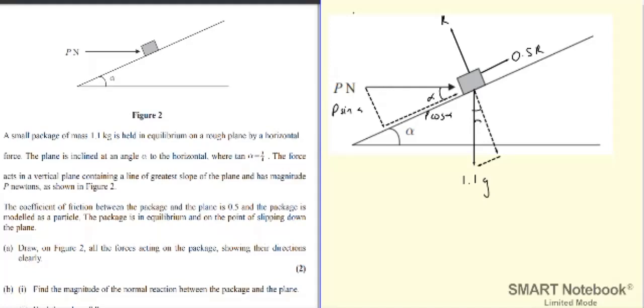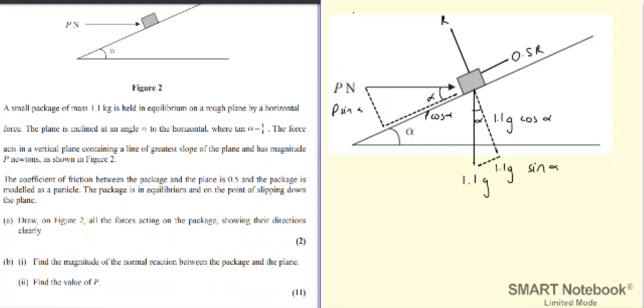This is alpha. This is 1.1 g cos alpha, and this is 1.1 g sine alpha. Right, okay. This should be the starting point of all our calculations.